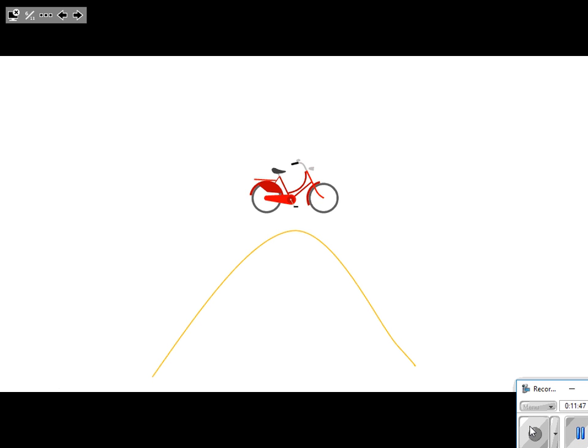Now, we have our bike at the top of the hill. All right? We're going to use this to help us remember active transport and passive transport.